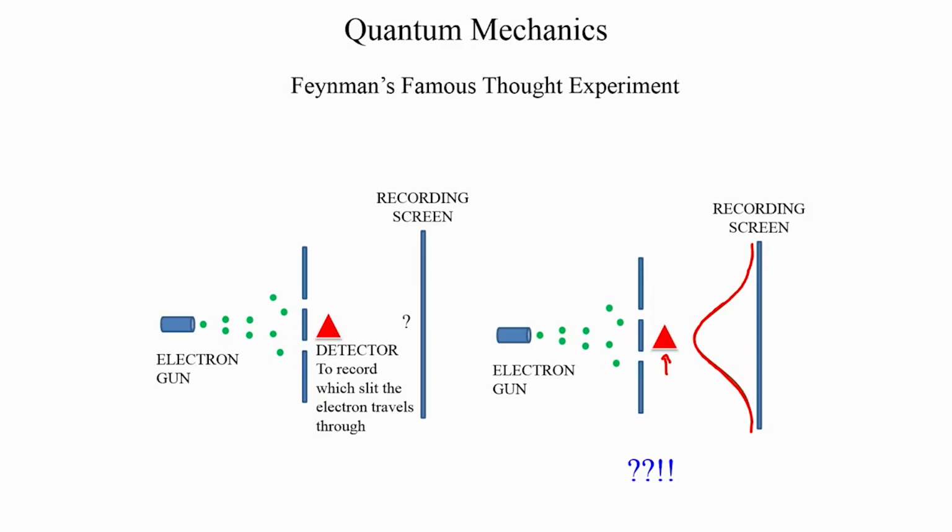What the electrons are saying is that when there is no detector around, we are going to behave like waves and create an intensity pattern that is expected of waves. But the moment we identify that a detector is watching us, we are going to behave very differently, like bullets, and create a very different intensity pattern.